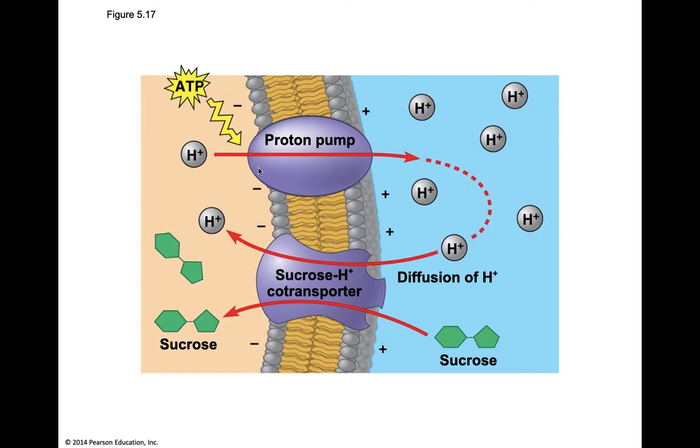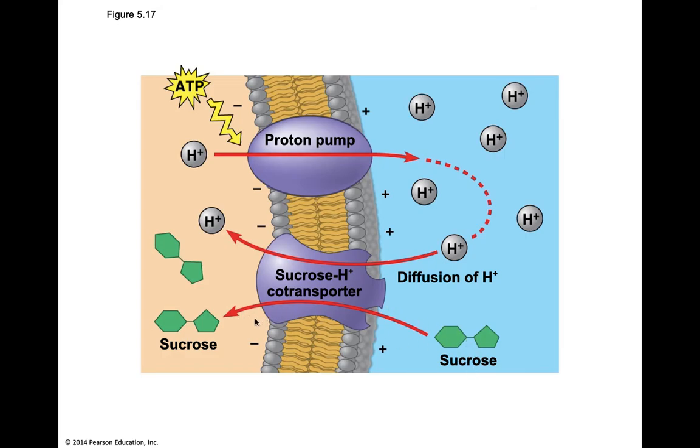So if we create an electrochemical gradient by using some energy to pump a bunch of positive hydrogen ions into the extracellular matrix, notice that they're positive because it's a hydrogen ion with an extra proton. We've removed an electron from these atoms. They're going to want to flow in, and this net flow going from high to low can be used to get sucrose into the cell.